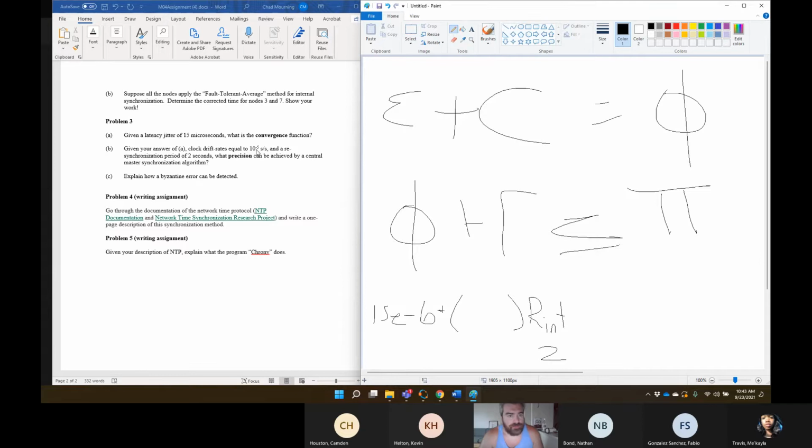Then if we have clock drift rates of 10 to the -5th seconds per second, we have to take 2 extremes, so we have to take both of them. This is the 2 times 10 to the -5th.